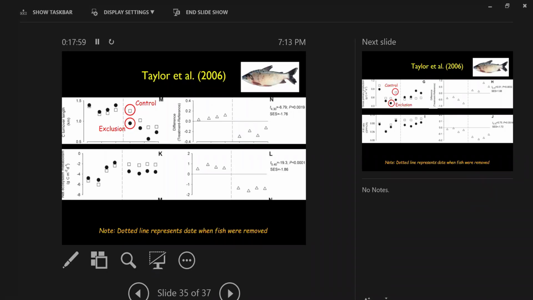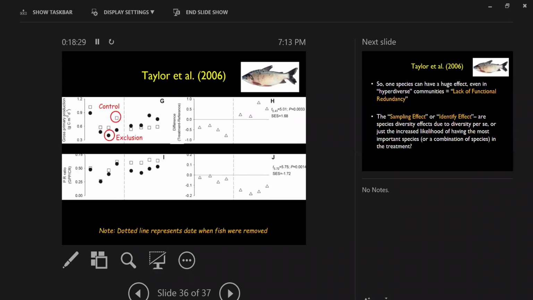And you can see that in the exclusion, that length was a lot shorter, right? On the other hand, metabolism of the ecosystem was higher in the control when Procholotus were there. So the ecosystem was processing carbon significantly faster when these fish were present.